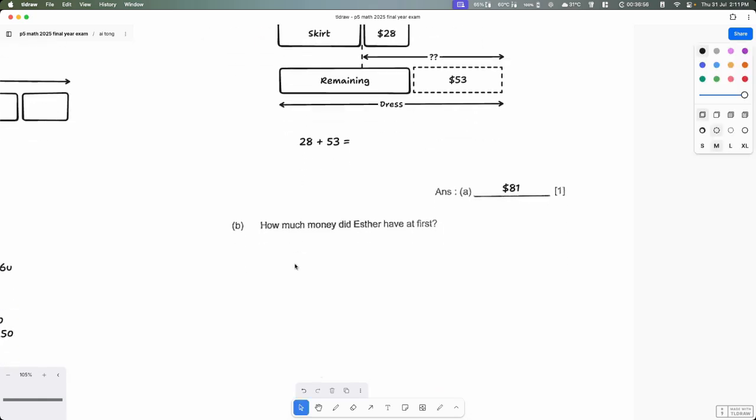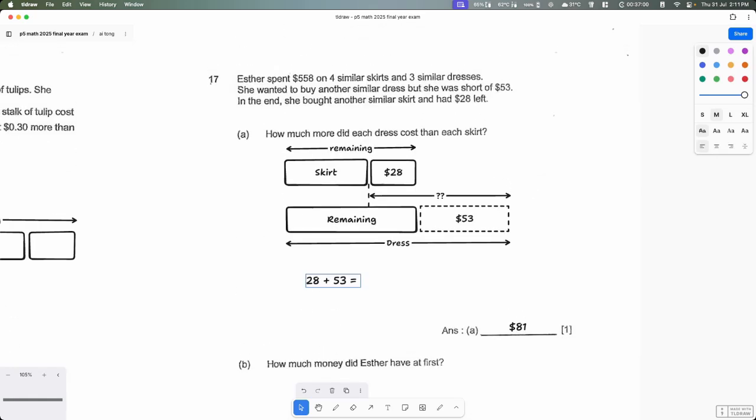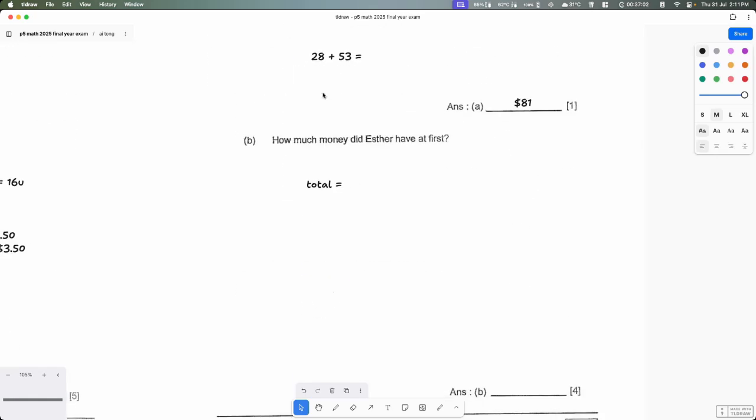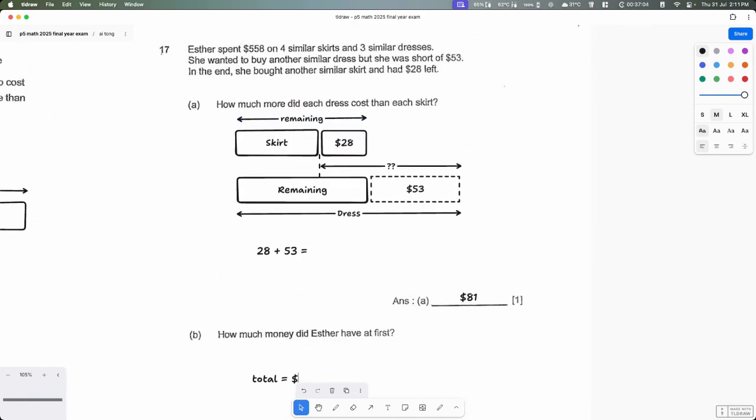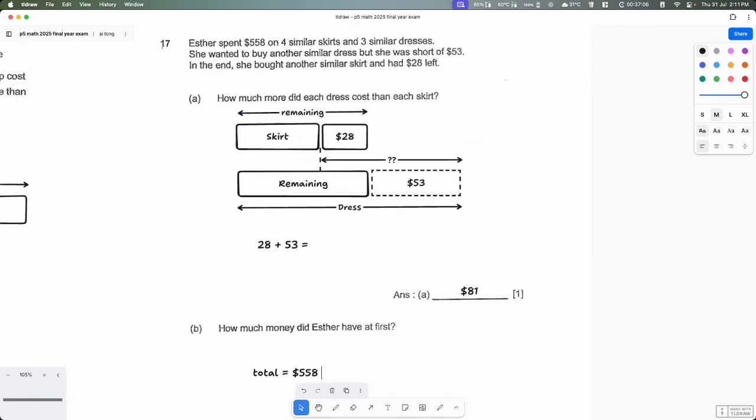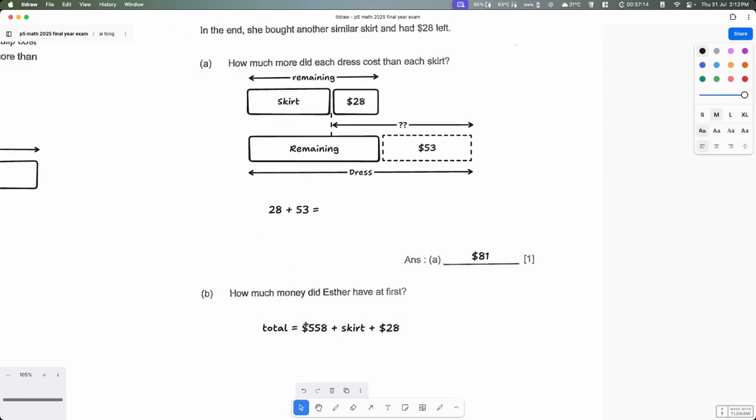So the total is $558 plus the remaining, and the remaining is skirt plus $28.